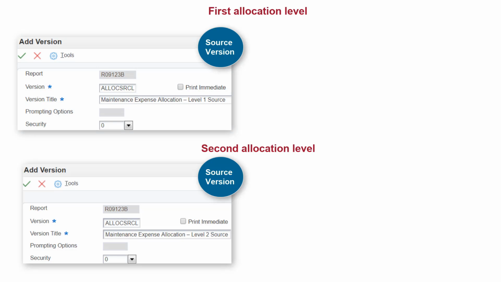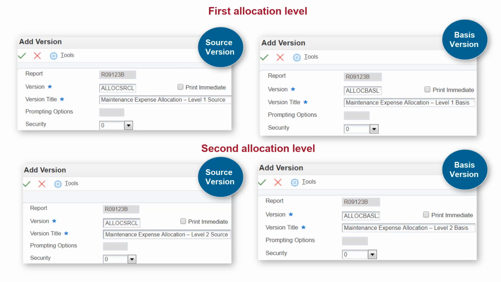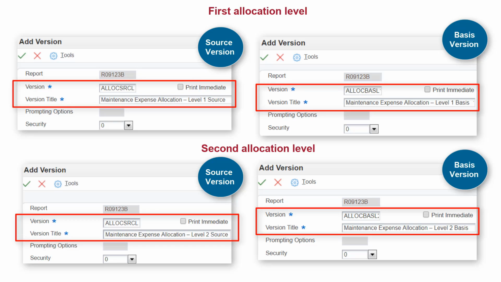For each allocation level, you will create one version to select the source transactions from the account balances table F0902 and another version to select the transactions for the based on factor or the basis from the F0902 table. Provide identifiable names for the versions and version titles for each level.